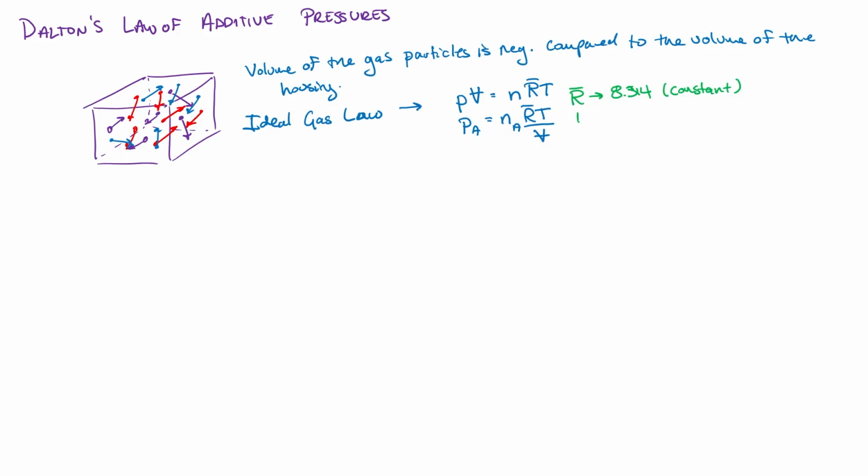My temperature is going to be a constant. It's whatever the temperature of my overall system is. My volume that I'm going to consider here is going to be my total volume. And then my n is by particle.